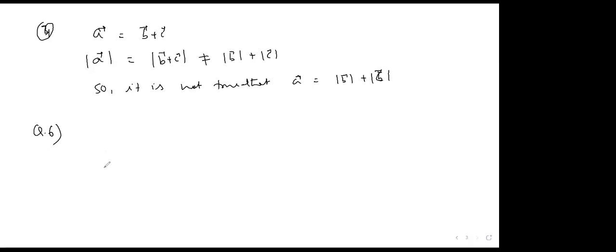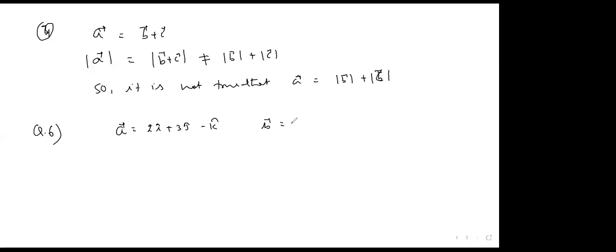Vector A is given as 2i cap plus 3j cap minus k cap.